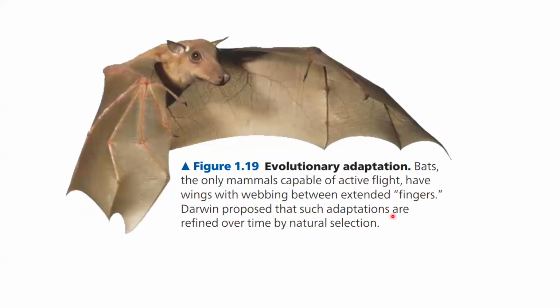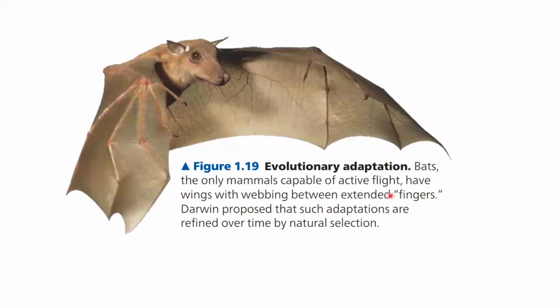And then, shown here is another example of evolutionary adaptation. This is figure 1.19 from the textbook, where bats, the only mammals capable of active flight, have wings with webbing between extended fingers. Darwin proposed that such adaptations are refined over time by natural selection.